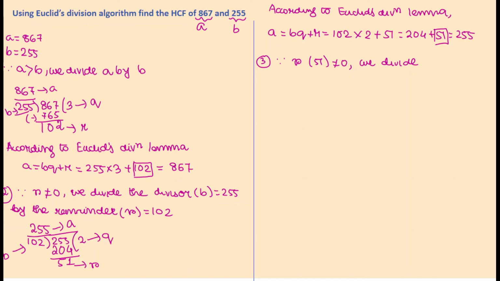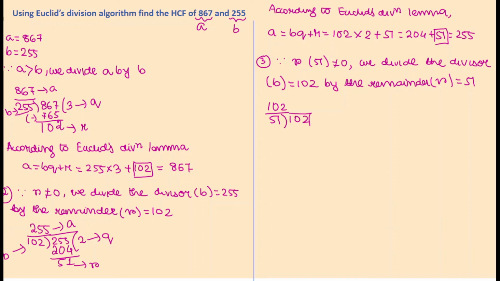The latest divisor is 102. So we divide the divisor B, that is 102, by the remainder R, that is 51.